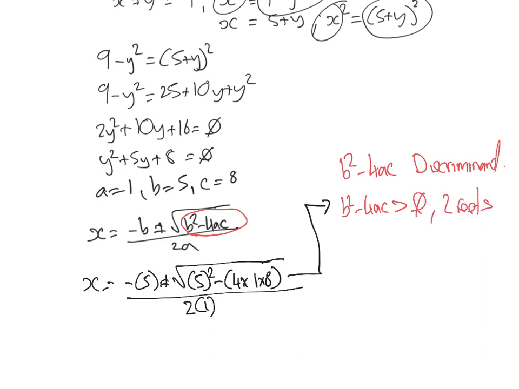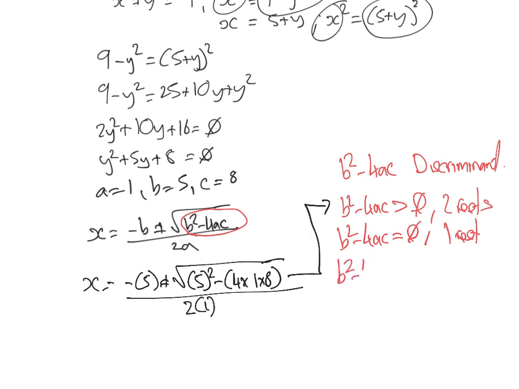The reason is that if it's greater than 0, you can take a square root of it, and then you're adding and subtracting that square root, so that gives you your 2 solutions. If b squared minus 4ac equals 0, you'd have 1 root or 1 solution, because the square root of 0 is 0, and if you're adding and subtracting 0 for your 2 solutions, you're going to get the same value.